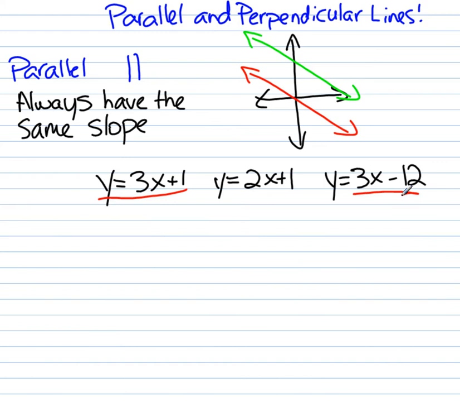Not so bad? All you're looking at, if you want to know the parallel, you look at this number right here. If they're the same, then they're parallel. If they're different, they're not parallel. This number over here doesn't matter. Okay? All right, good deal.